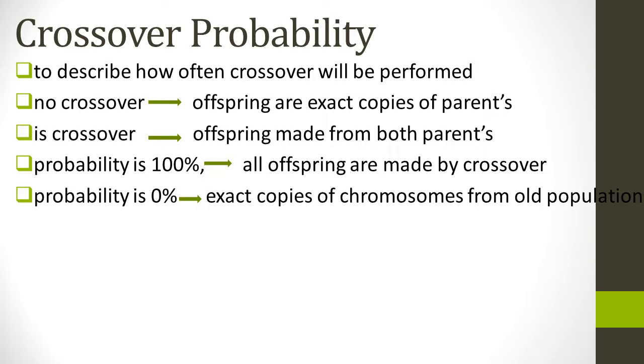If there is crossover, offsprings are made from parts of both parents' chromosomes. If crossover probability is 100%, then all offsprings are made by crossover. If crossover probability is 0%, that means the whole new generation is made from exact copies of chromosomes from the old population.